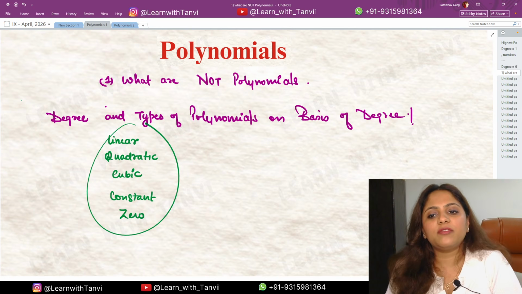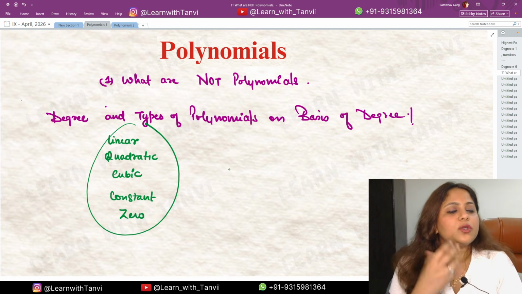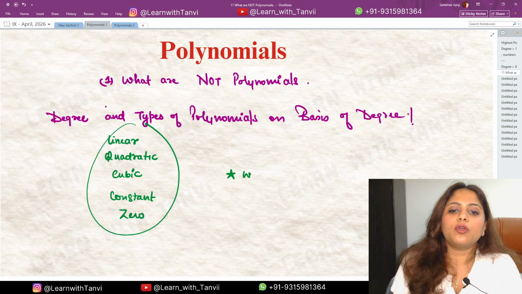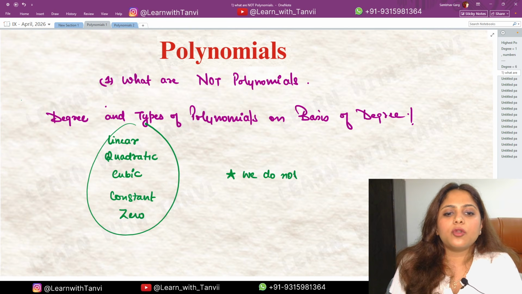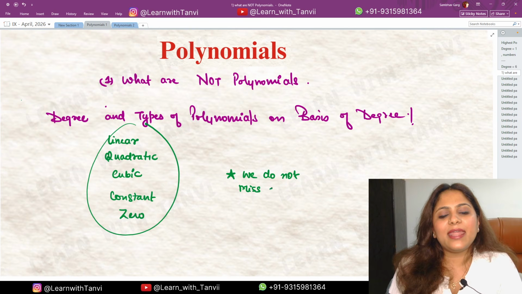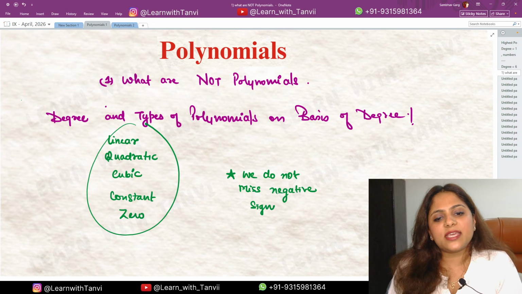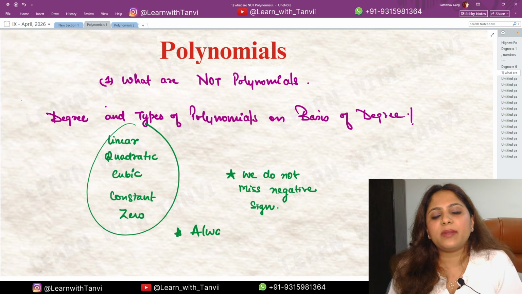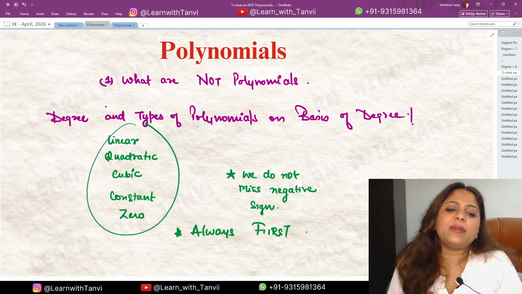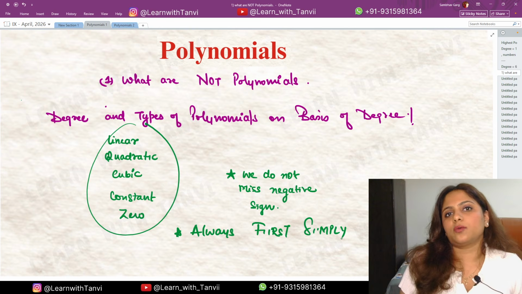Then we learned about coefficients and constants, and what was the biggest takeaway? That we do not miss negative signs in the question. Also, what was the takeaway from the last HOTS question? That always first simplify करो उसको and then do the question.